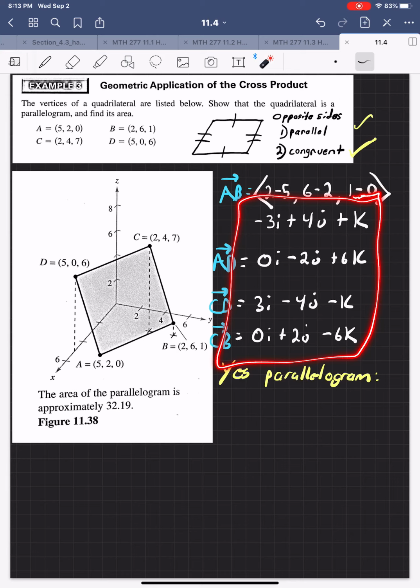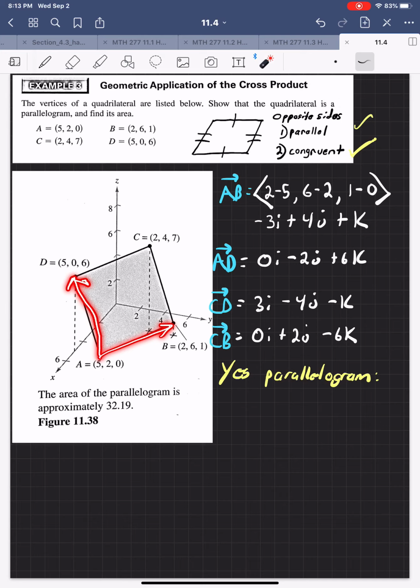Well, you want to take the cross product of A to B and A to D. The parallelogram is formed from these two vectors. It is true you could also take the cross product of C to D, C to B, but I hope it makes sense that the cross product we need is A to B and A to D.